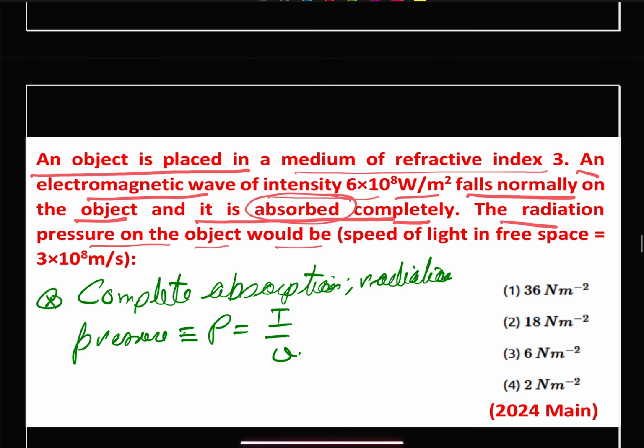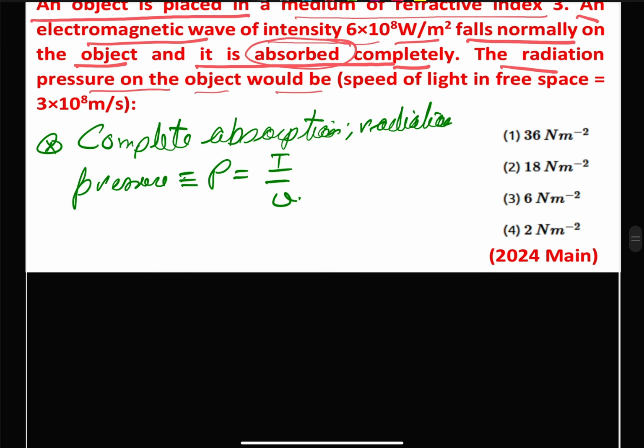It's not asked here, but if there is 100% reflection, then we can say P is equal to 2I upon V, and V is the speed of light in the medium.